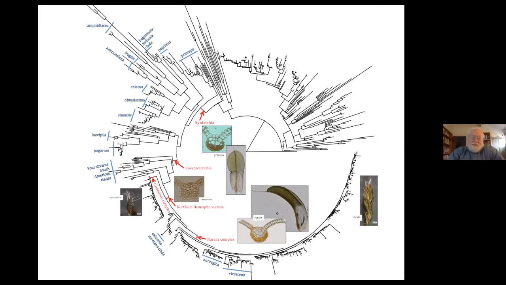We think we might have discovered one of the few examples of adaptive radiation that have been documented in mosses, where we have some incredible amount of morphological and physiological variation that has occurred approximately 5 million years or so ago, depending on how you want to calibrate this.